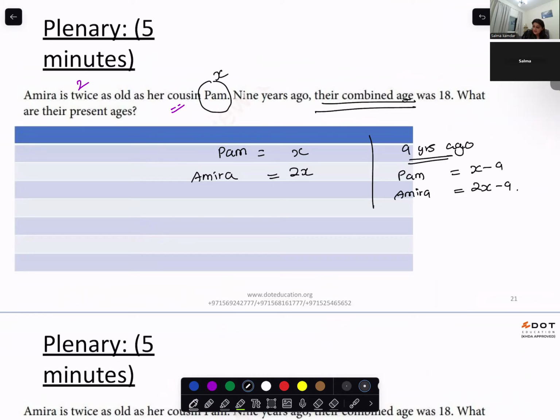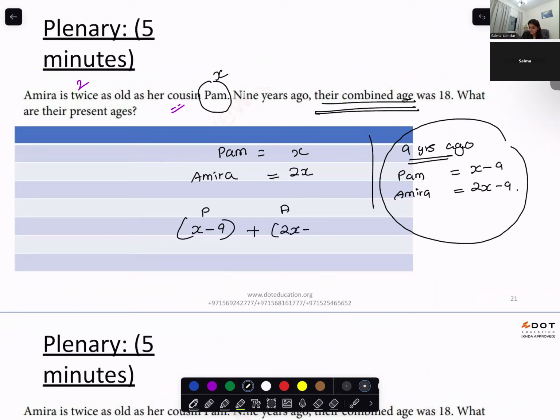Now this is their equation. 9 years ago, so I have to take this. Their combined ages, that means sum of their ages. This is Pam's age and this is Amira's age. Combined age is 18. I open the brackets.